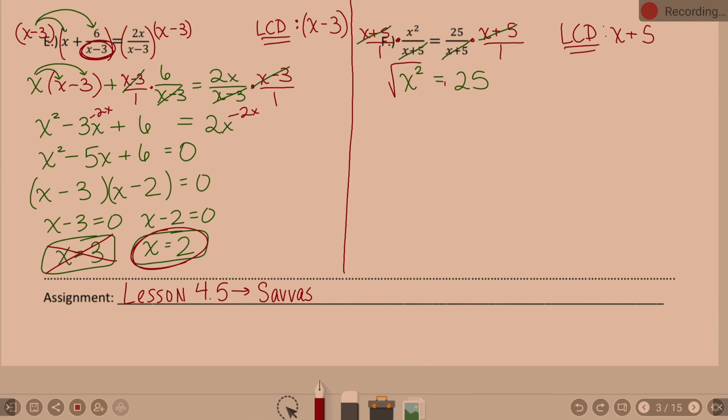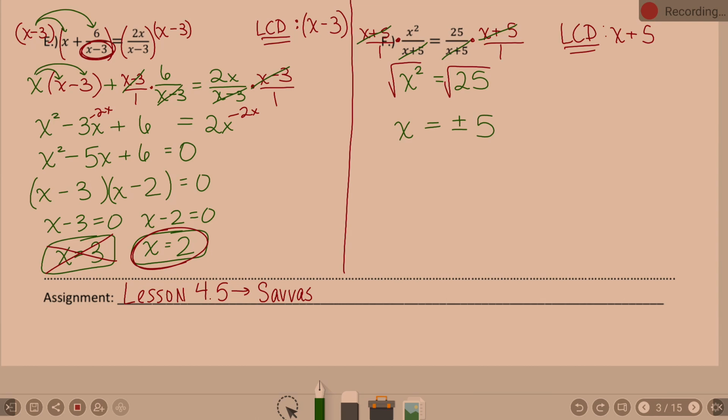If we take the square root, what's the square root of x squared? X. What's the square root of 25? 5. What you have to remember is that if you're taking the square root in an equation setting, it's plus or minus 5.